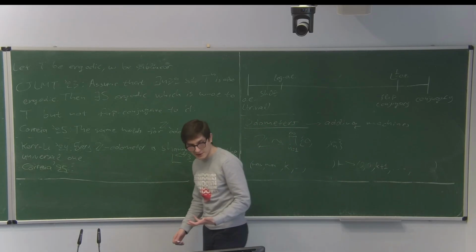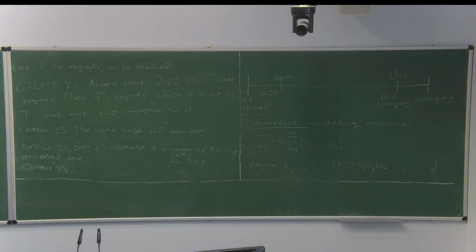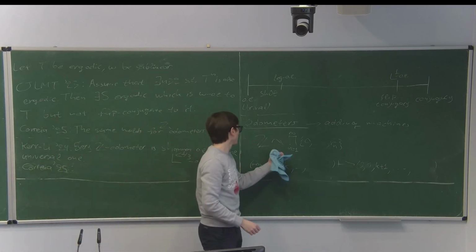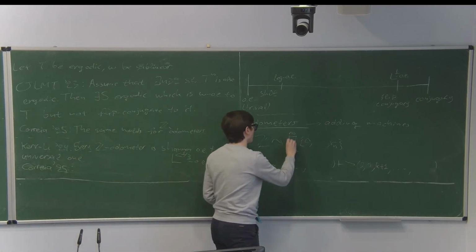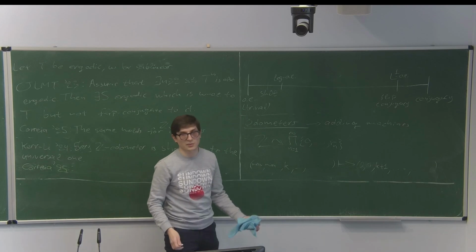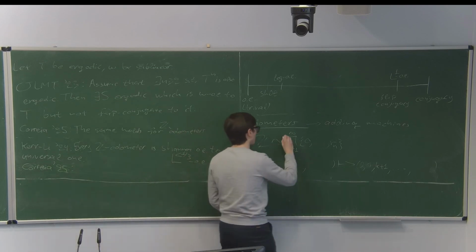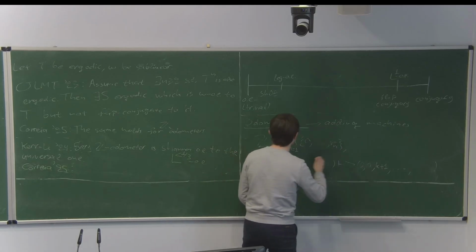A different way of seeing this, and one that is useful for the proof later. Oh, the measure, of course, here, you can see this as a topological dynamical system, but we're interested in measurable stuff.